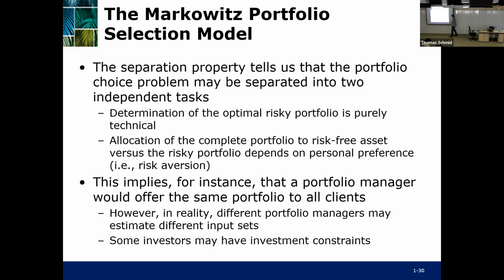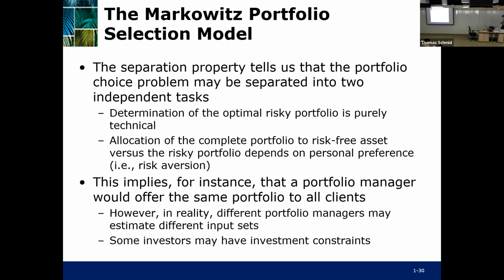Okay? Yeah, I told you about this separation property. That's pretty nice actually in the model, that the determination of the optimal risky portfolio is purely analytical. So in a theory world where we know everything, expected return, risk, covariances, that's very simple. And then how much we allocate to the risky and the risk-free asset depends on risk aversion.